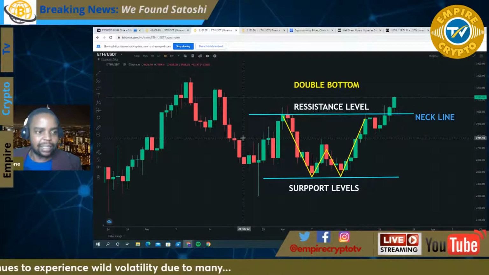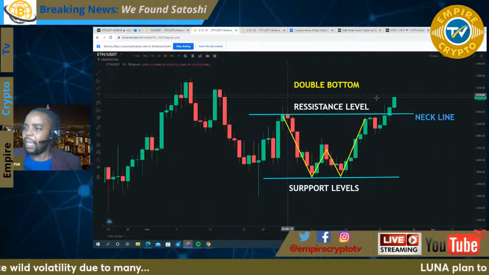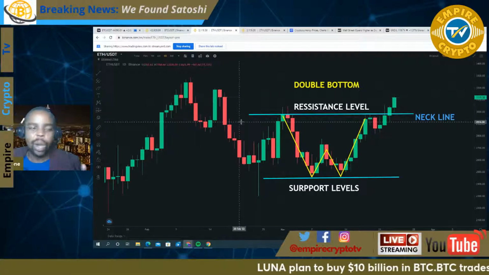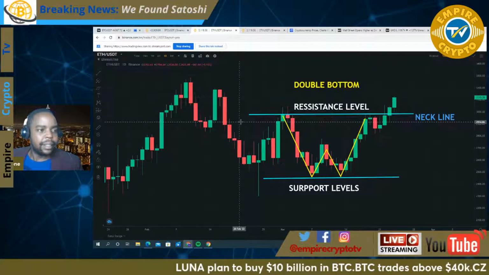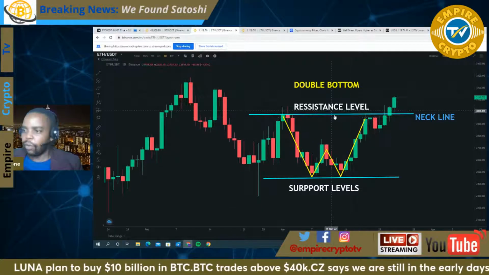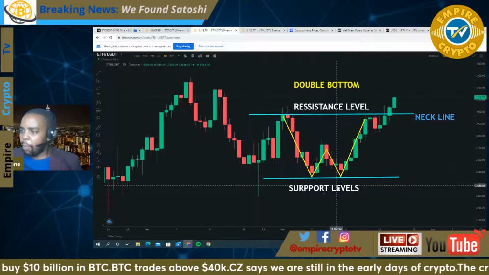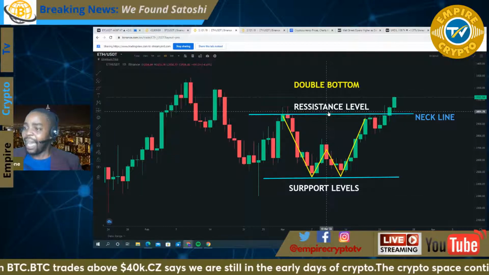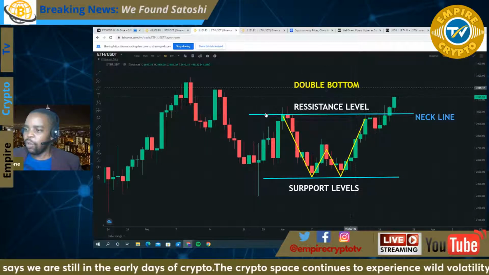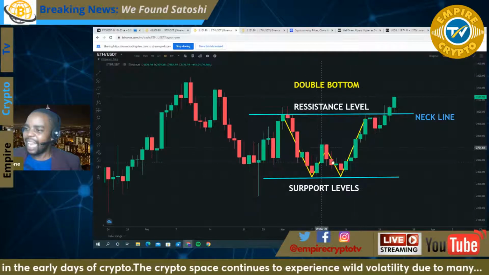Some of these common patterns are known as the double bottom. I'm looking at the Ethereum chart on a 1-day chart. I have my support and my resistance here. According to technical expertise, this is a double bottom.